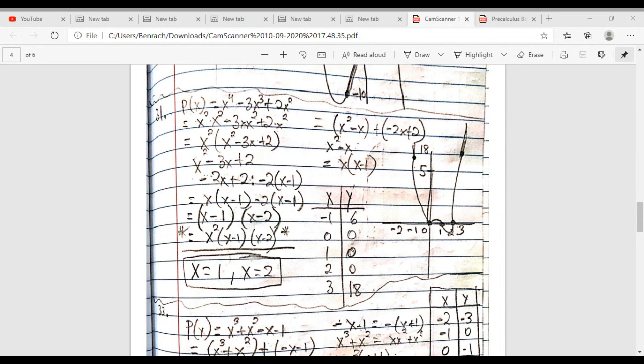Then I put it in factored form. I put x and minus 2 together, and that way I got x minus 1, x minus 2, and then I found my zeros. At the end I got x equals 1 and x equals 2.